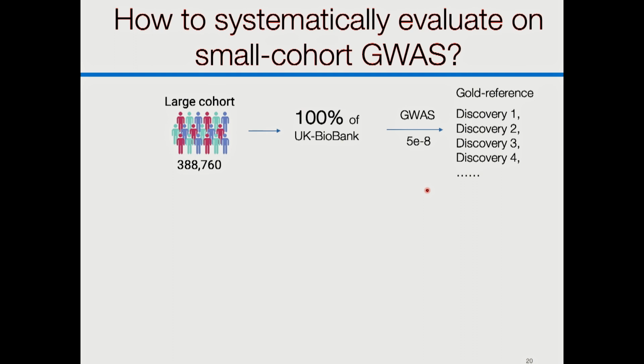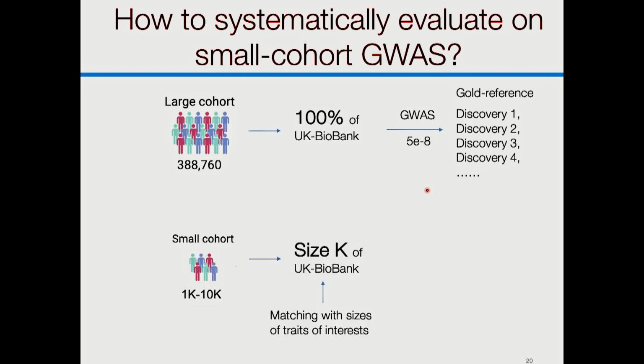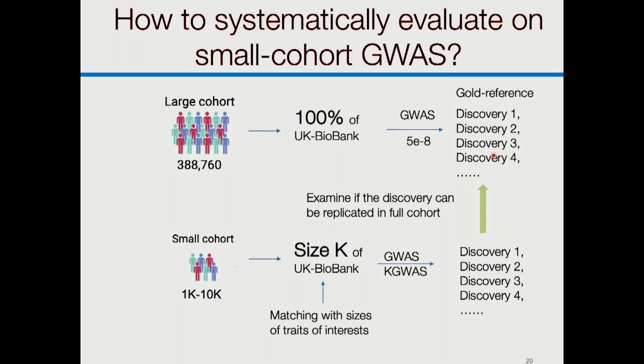Because we're interested in small cohorts, we can downsample the large cohort to a small cohort of any size of interest. Then we run GWAS and KGWAS on a small sample size, and we get a list of discoveries. And we can check if these discoveries can be replicated when you have a much larger sample size. This way we can rigorously and systematically evaluate whether the discoveries in a small cohort are real or not.